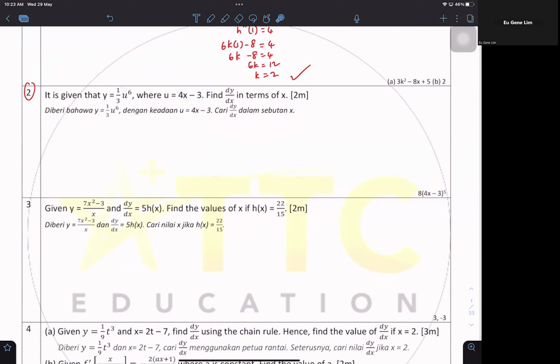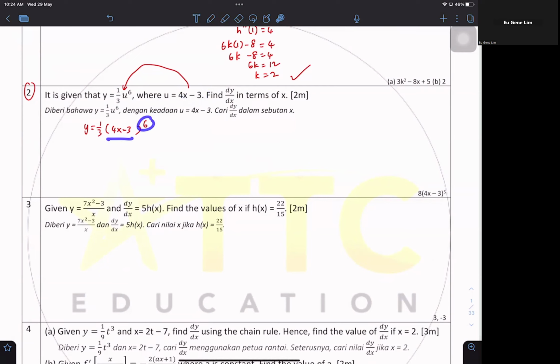Then later they say find dy dx, right? Okay, like I substitute: y equals 1 over 3 (4x minus 3) power 6. Then they want you to find dy dx. So how should we find dy dx? Wow, this one you see, the power is so big.